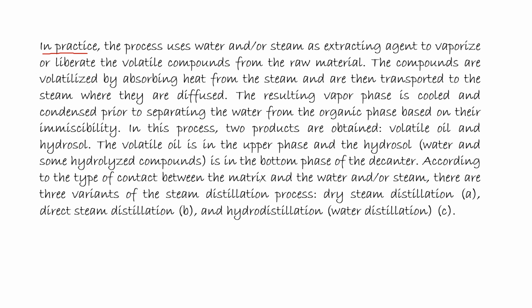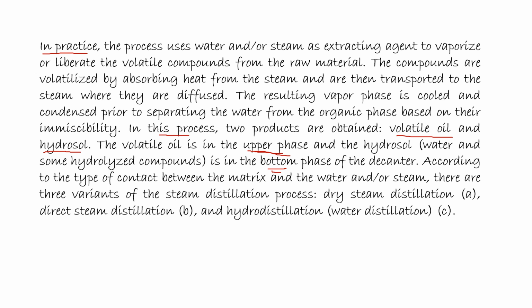The resulting vapor phase is cooled and condensed prior to separating the water from the organic phase based on their immiscibility. In this process, 2 products are obtained: volatile oil and hydrosol. The volatile oil is in the upper phase and the hydrosol is in the bottom phase of the decanter.